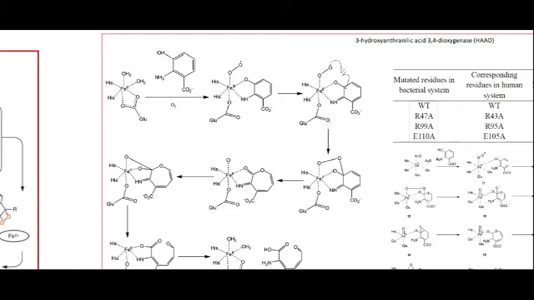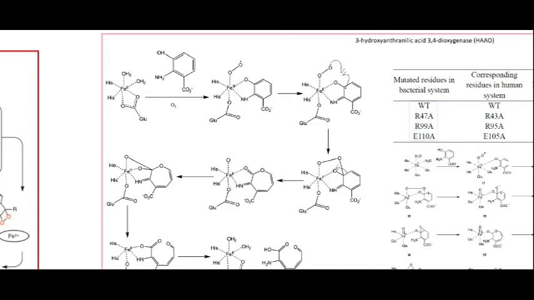This shows that the ring is actually expanding outwards. So what's probably happening is that one of these bonds is actually moving out to the oxygen right there, so that this oxygen ends up in the ring structure as we see here.